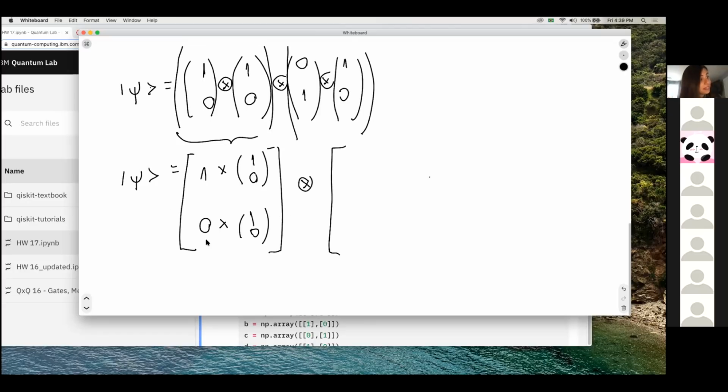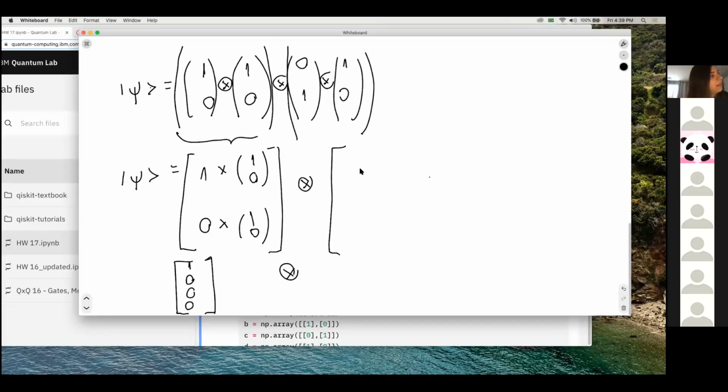The way you do the tensor product, you copy this first vector here, and you reproduce the entire second vector here. So you're doing a constant multiplying a vector for each side. So as a result, I have 1 times 1 is 1, 1 times 0 is 0, 0 times 1 is 0, 0 times 0 is 0. This is going to be the result of this first parenthesis, okay?